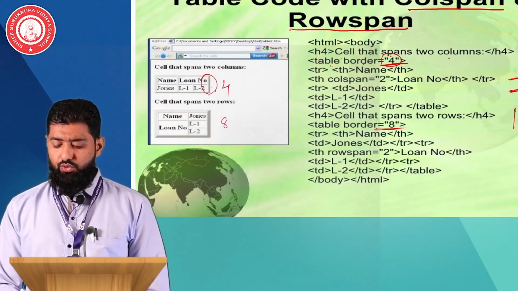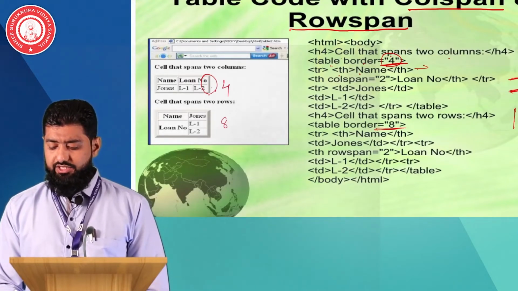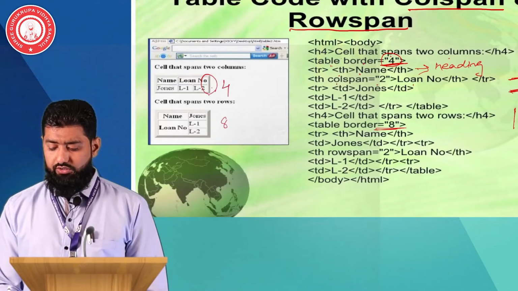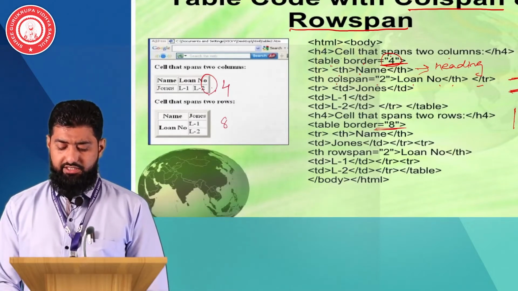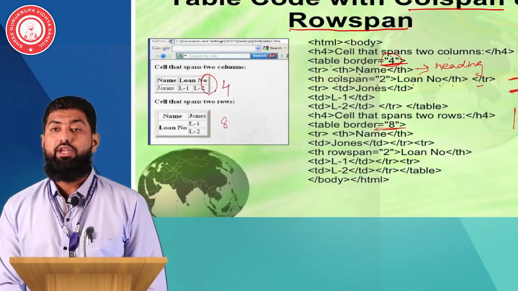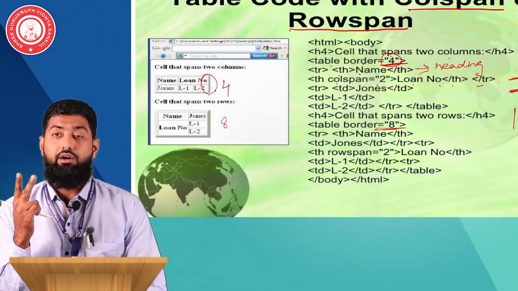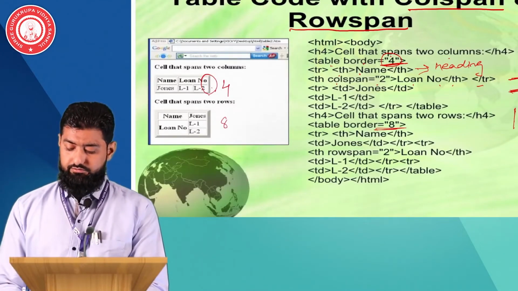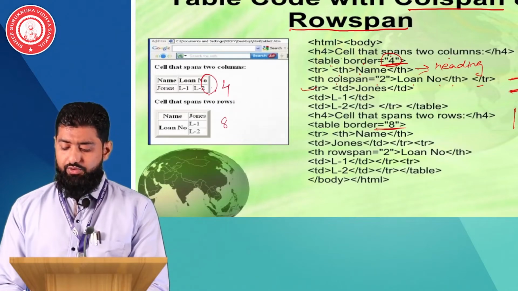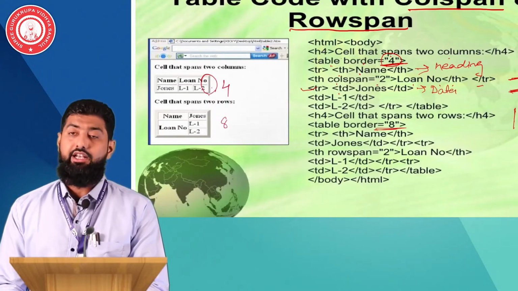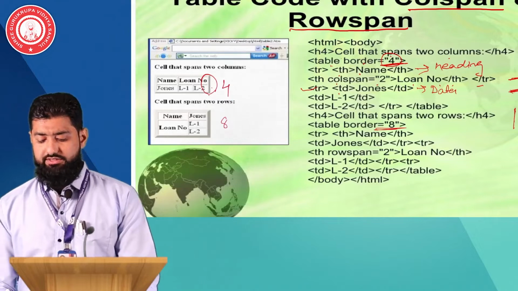After that we use th. Why do we use th here? Because we need to give a heading. After that we use colspan equal to 2, Roll Number, then th close and tr close. So in the first row we defined two things: one is Name and the second one is Roll Number. In the next tr we use td, because here we are defining data of the table.